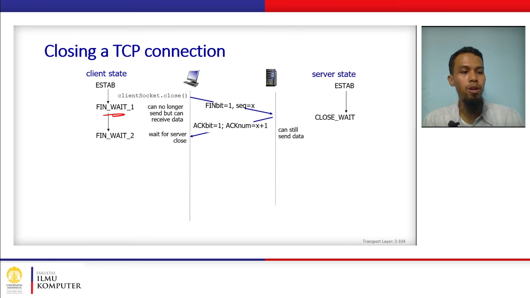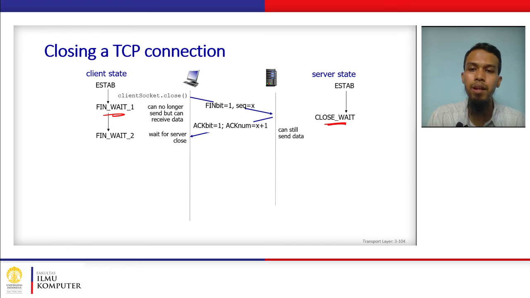Now, after the server receives the FIN message from the client, it sends the acknowledgement, with acknowledgement number X plus 1. At this point, the server state becomes CLOSE WAIT.